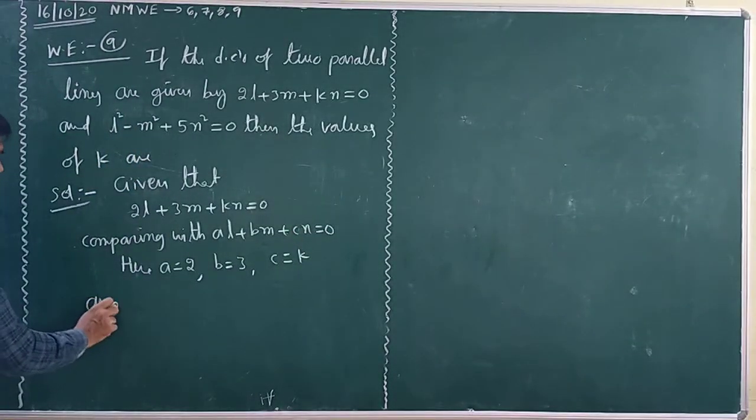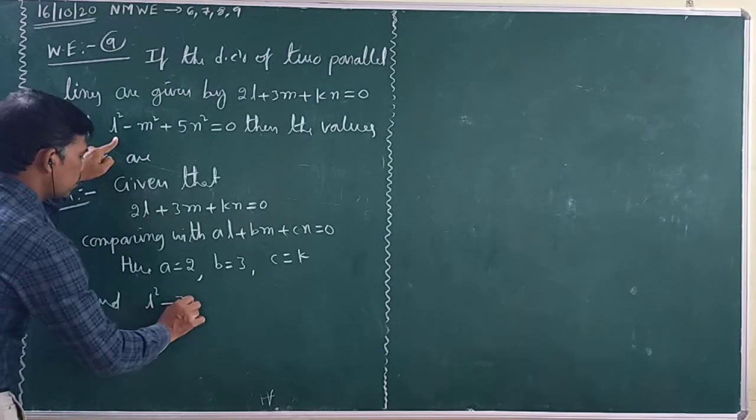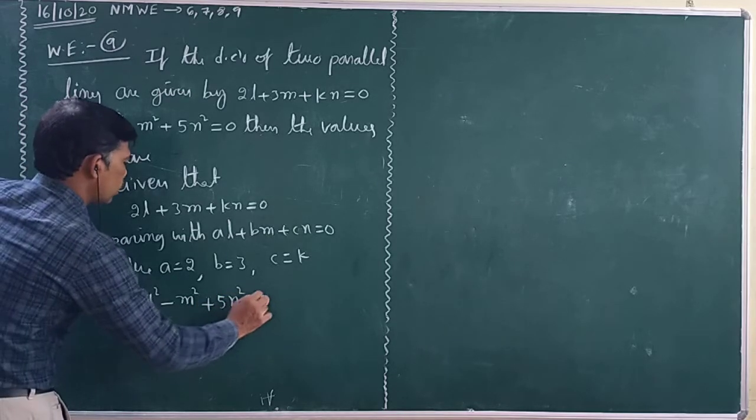And another equation, l square minus m square plus 5n square is equal to 0.